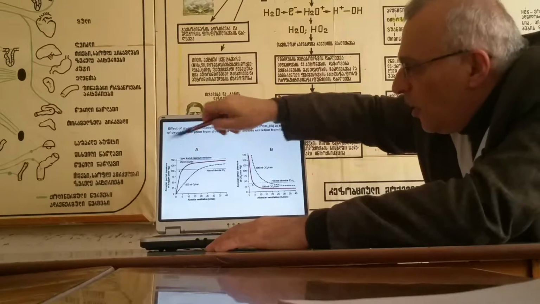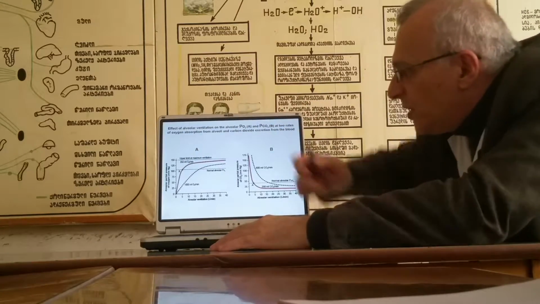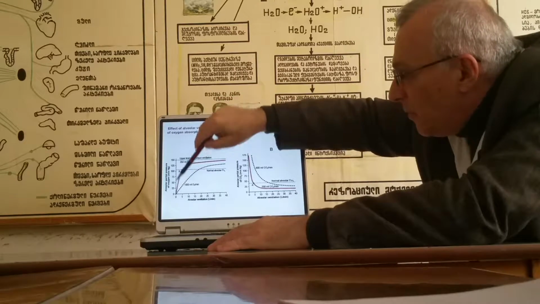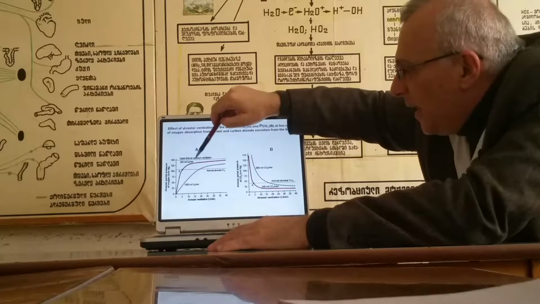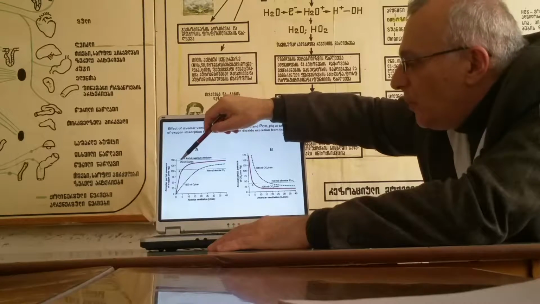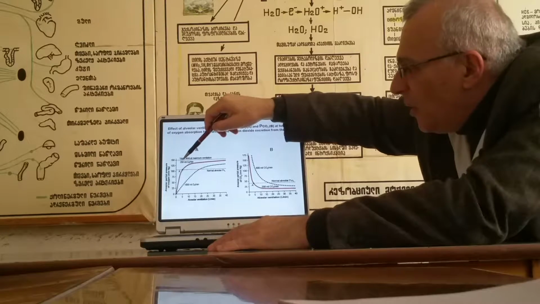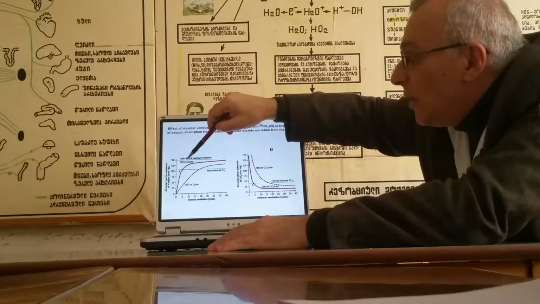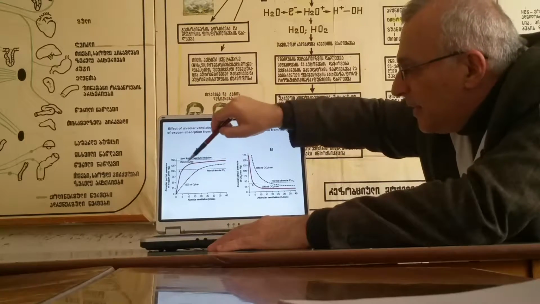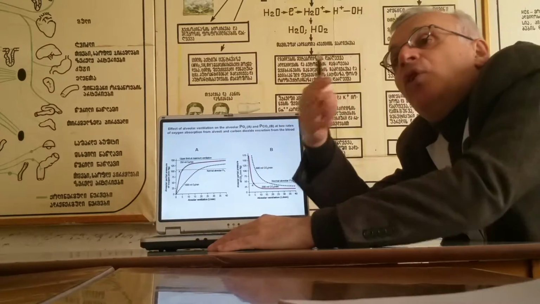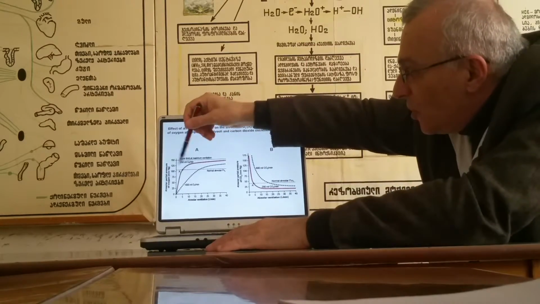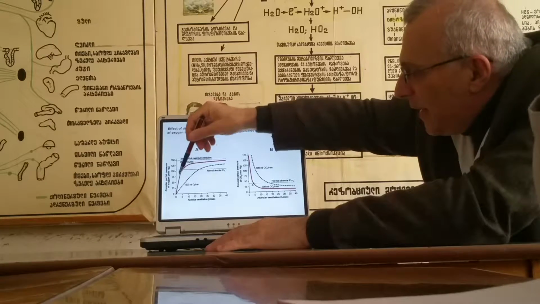You can see here two situations: normal ventilation, where usually we take, for example, 5 milliliters of oxygen per minute, and then we take four times more oxygen. This is called the normal rate.